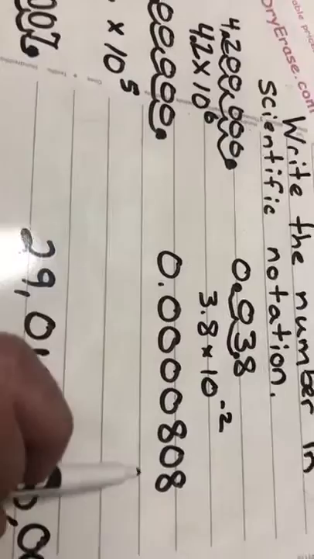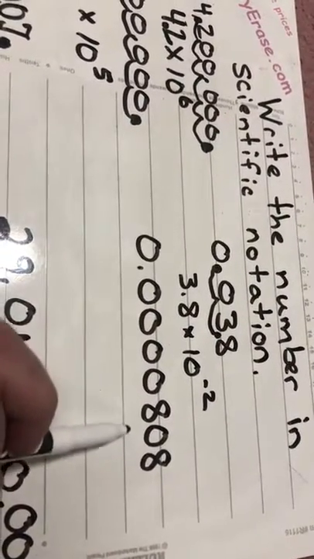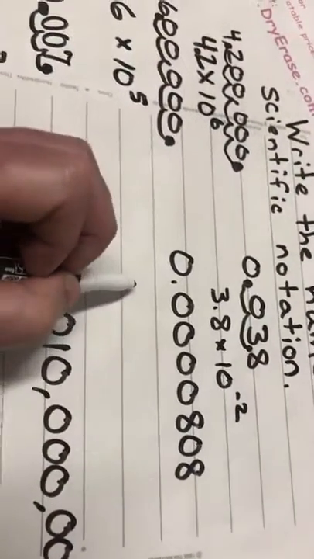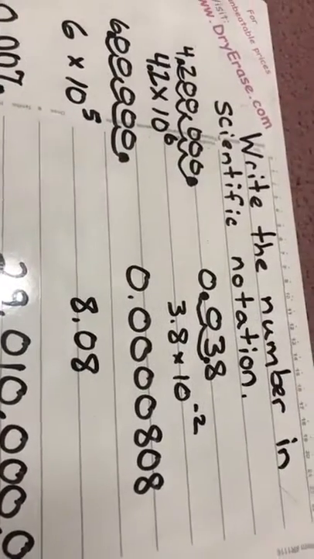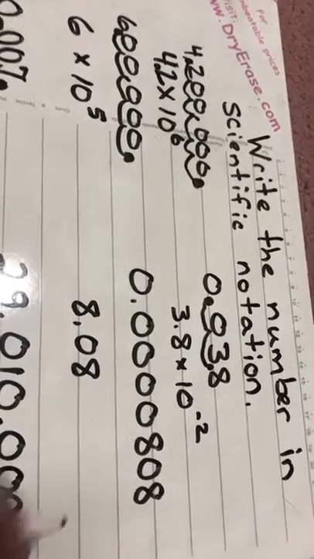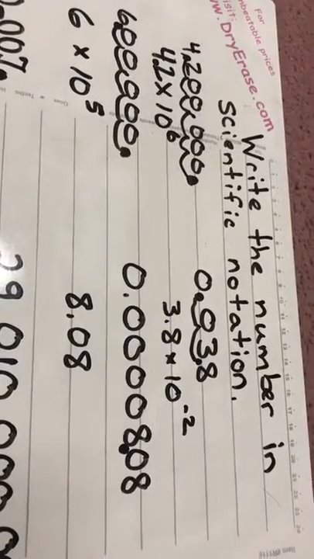0.0000808. I see my 808 here, but I need to have a factor that is at least 1, but less than 10. So I'm going to have to go with 8.08. If I put the decimal anywhere else, it's either going to be too small or too big. So I'm envisioning my decimal right there at 8.08.